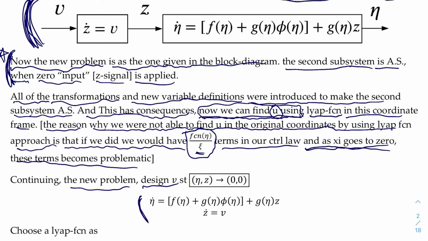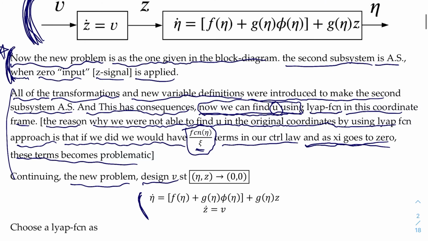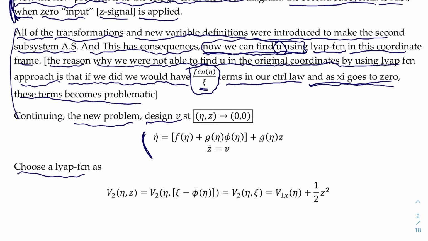Okay, this was a side note. Choose the Lyapunov function as this. We are just trying to obtain a control algorithm using our first way of doing that. What was it?